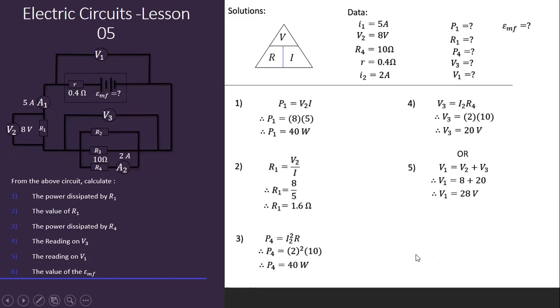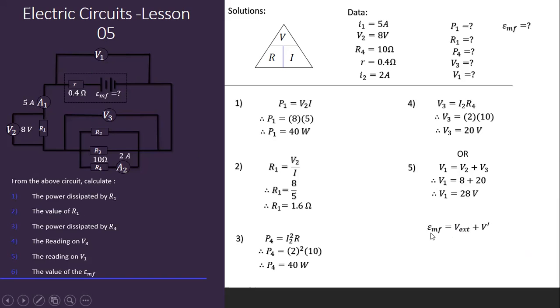All right, now for the last question, they say we have to calculate the EMF, okay? Now, we have internal resistance, we have the total current, and we have the external voltage. So when we try to calculate EMF having those, we're going to use this formula here.